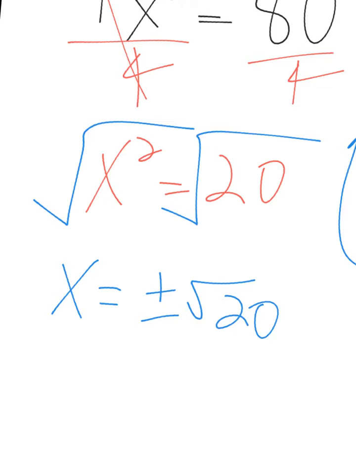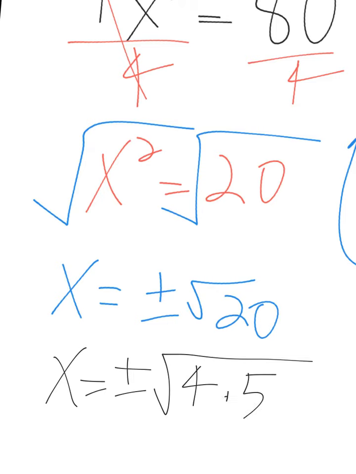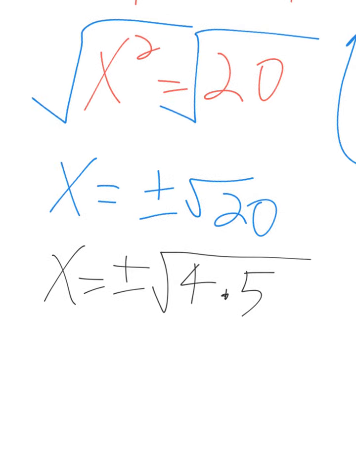And while we're on the subject, if you can simplify the square root, look for a separate video of me simplifying square roots, with some more examples. But if you can, it's always nice to do that. 20 is 4 times 5. And why am I writing that? Well, 4 has a square root.